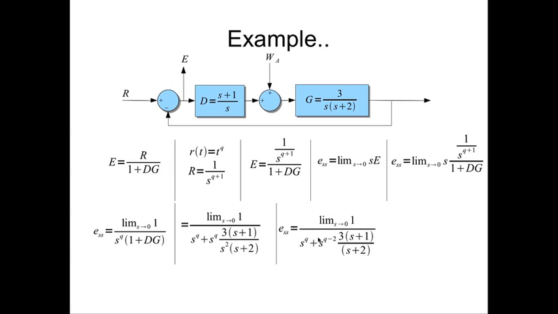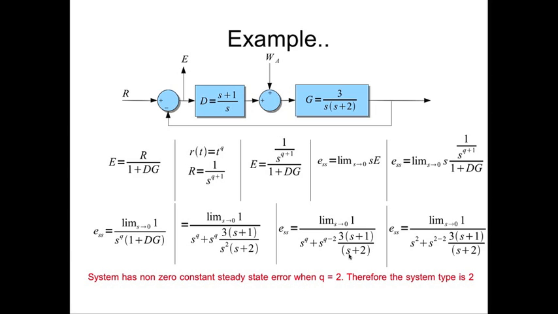Then this drops to become s squared, since q equal to 2, and if you substitute s equal to 0, this becomes 0. This is 0, this is 0. Therefore you get a non-zero constant. Since the steady state error is a non-zero constant and q equal to 2, the system type is 2.